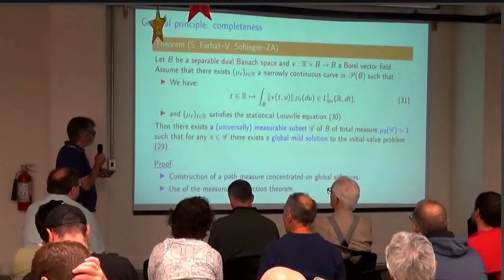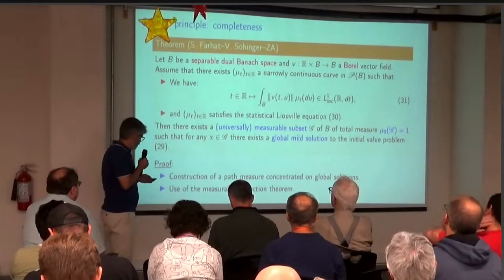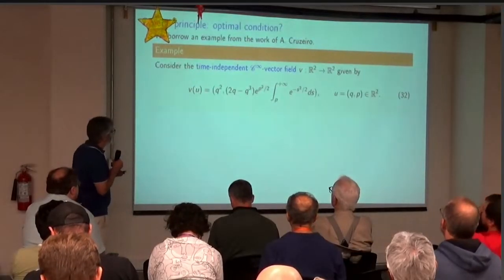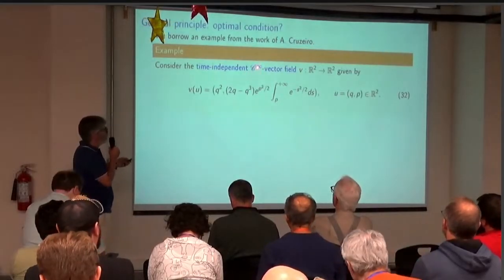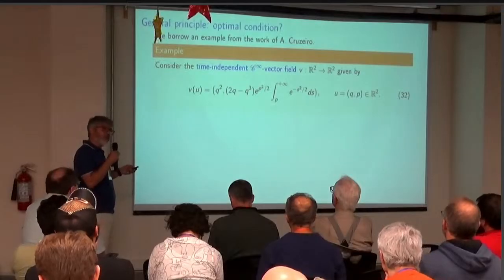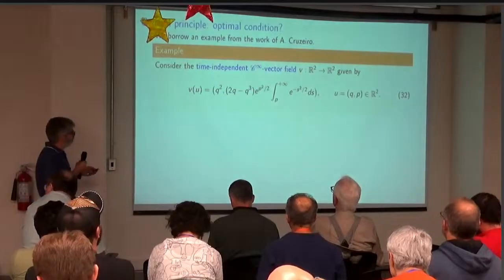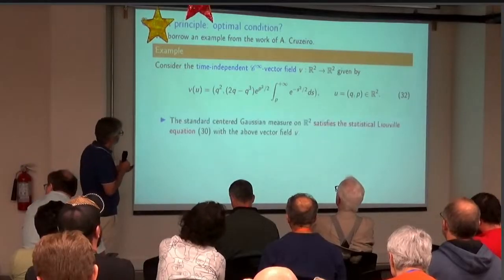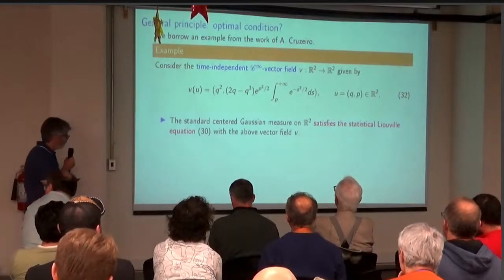So this shows that this condition is somehow optimal, thanks to this counterexample. The counterexample happens for vector fields that are C infinity. So it's not a problem of smoothness. It's a matter of integrability rather than smoothness. So this is an example that we took from Ana Bela Cruzeiro.